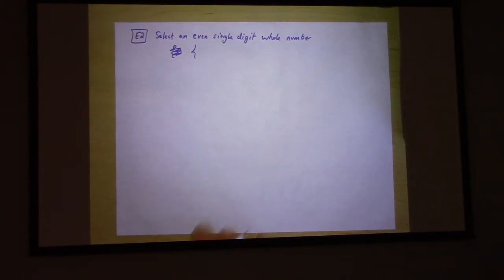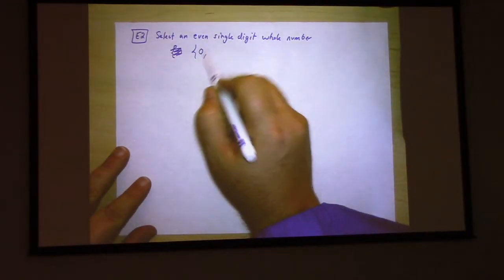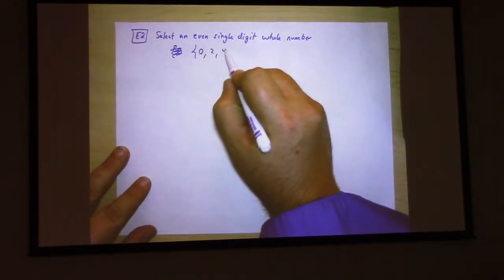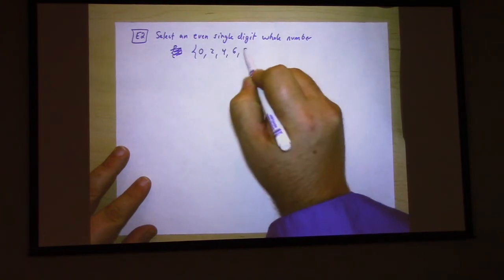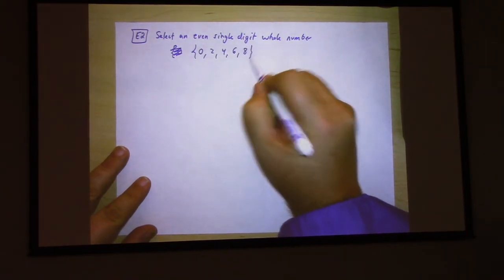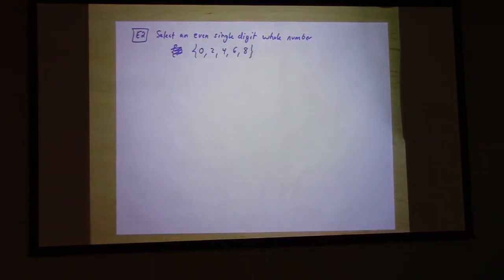I got 2 different Google answers. The question is, what does the book define W to be back in the first chapter, which I've left in my office? It is a whole number according to the book. Okay. 0 then. 2, 4, 6, 8. So if you're going to select an even single digit whole number, you've got 5 choices, right?